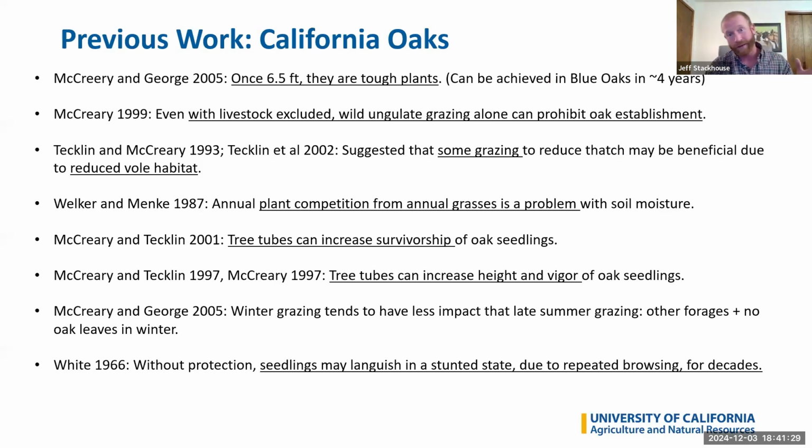If you completely get rid of livestock, sometimes you have other issues with habitat for other species like grasshoppers and voles. Plant competition can reduce soil moisture for young trees. And then, like I already talked about, you can add these tree tubes, which increases survivorship and vigor. But then maybe you're attracting cows, which are gonna destroy the trees and step on them.